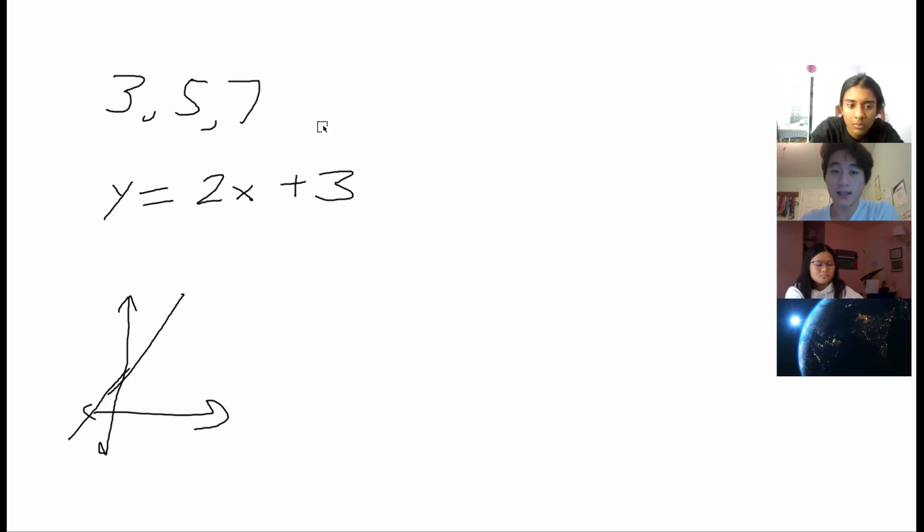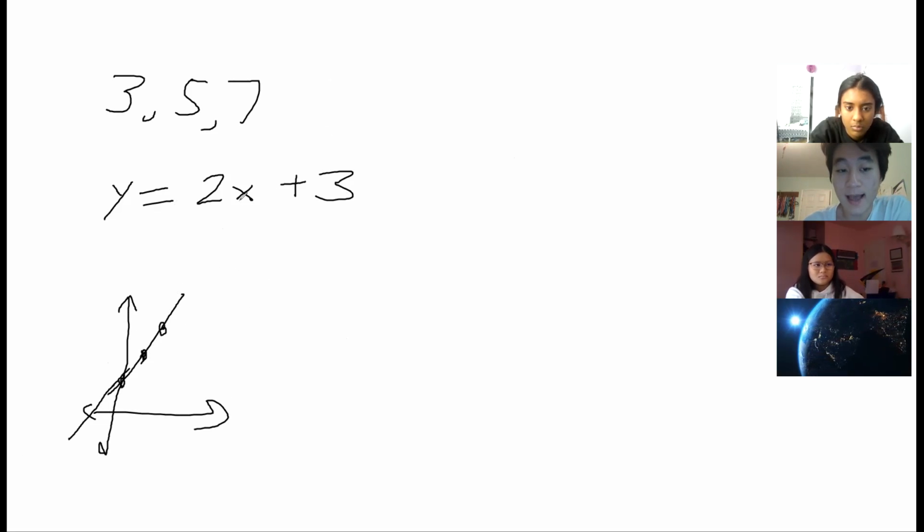The difference mainly is that in a sequence, there are only integer numbers of terms, right? You have a first term, a second term. There's not really a half term. So if you see this, it's more like dotted. And for an equation, it means anything.